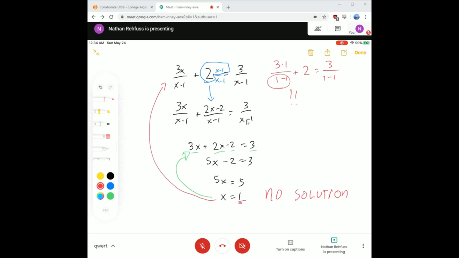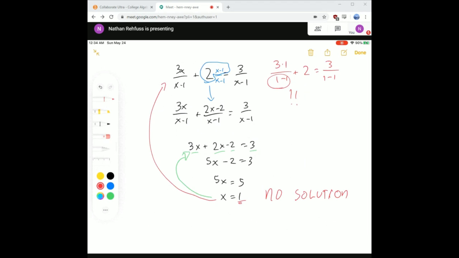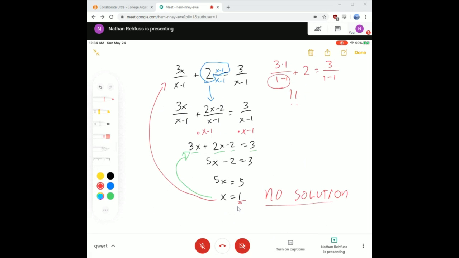Anytime you multiply by something that could be 0, you can go from a false equation to a true one by multiplying by 0. So there's a chance you're introducing what's called an extraneous solution. So anytime you multiply by something that could be 0, like an x minus 1, you have to go back and check that your solution is real.